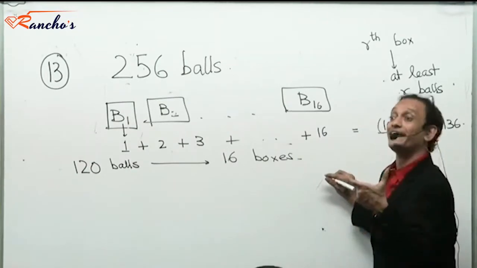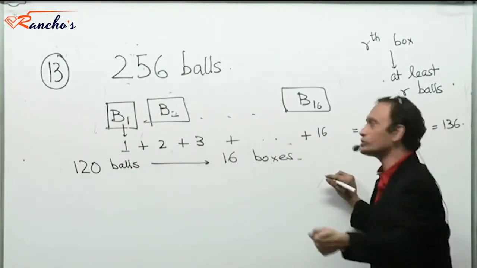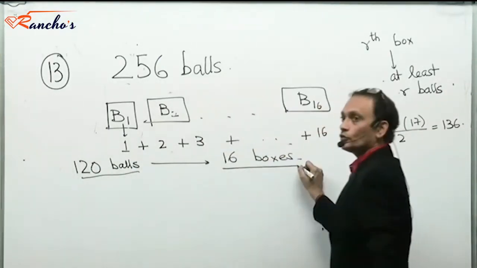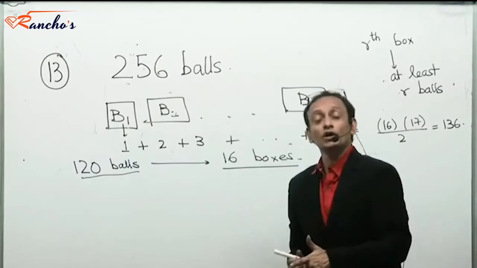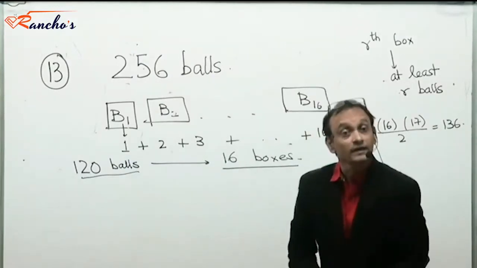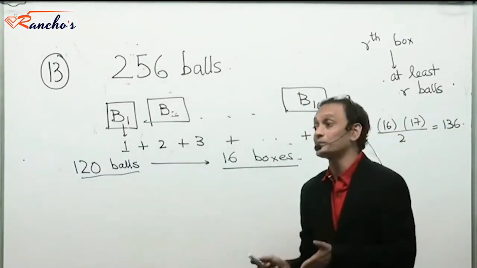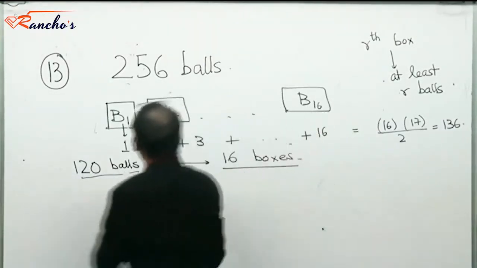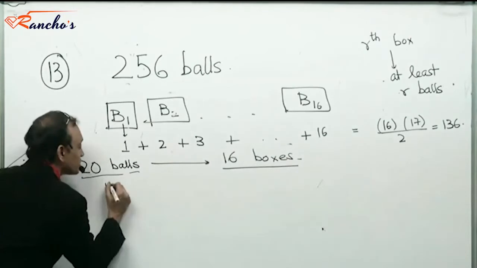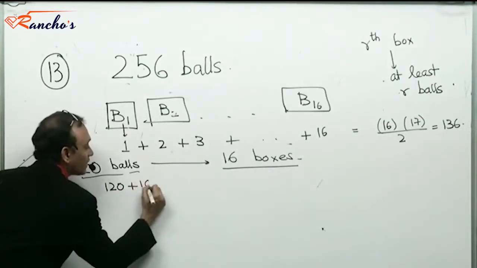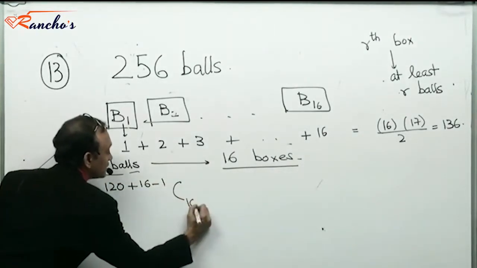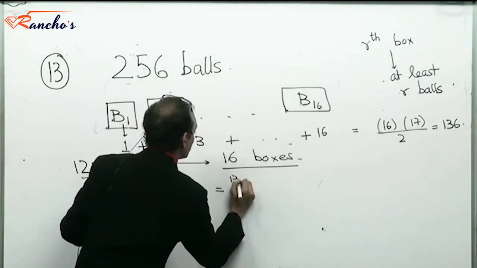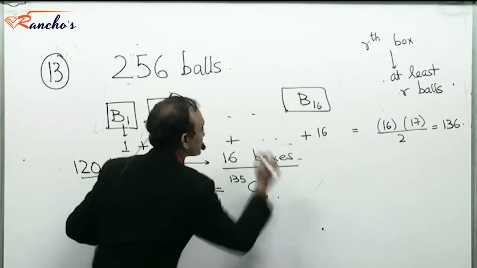If there are N identical things to be given to R people with the possibility of a person getting nothing, the count is N plus R minus 1 C R minus 1. This is N, this is R. So the number of ways in which this could be done is N plus R minus 1 C R minus 1. So that makes it 135 C 15 ways.